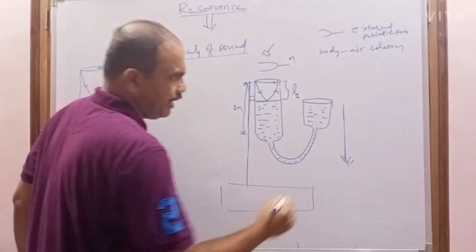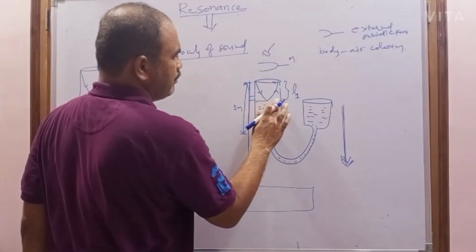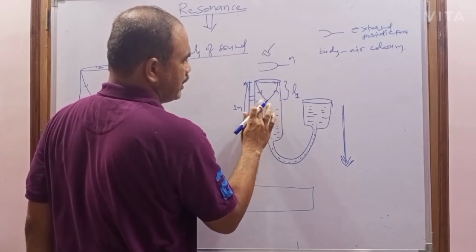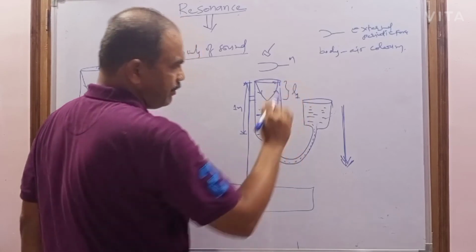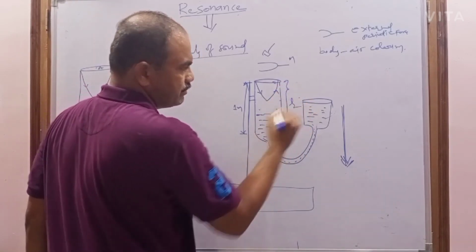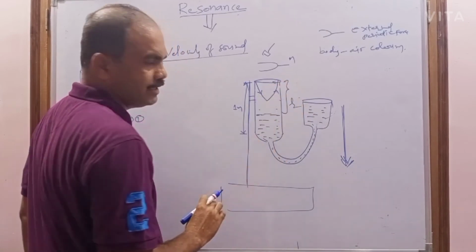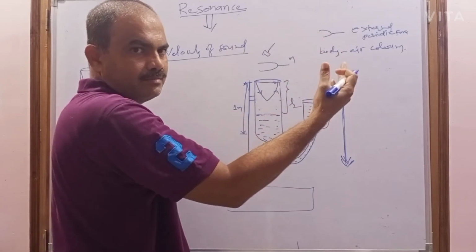And again, when you are lowering the reservoir, the level of the water gradually decreases and the length of the air column increases. Again at a particular length, but this time the length is not L1. Consider L2. At this length L2, again you can hear the maximum sound.